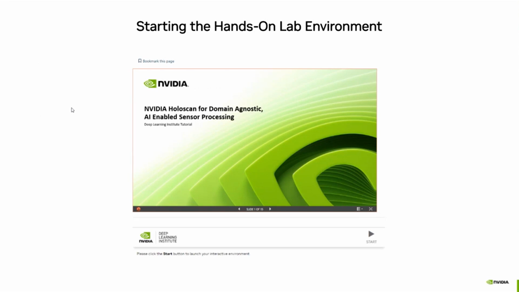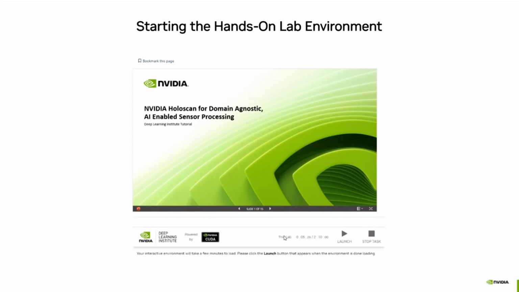So once you start your lab up, you'll get to the screen. You'll want to click on the Start button in the lower right corner there, and that will start the virtual machine environment. Notice the slide deck here. You can view the slide deck here, but you can also download it. There's a little menu in the lower right-hand corner of the slide viewer, and if you click on that, you'll get a menu and you can download this slide deck locally, so you'll have it.